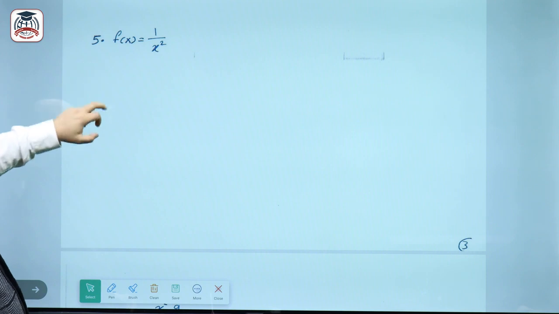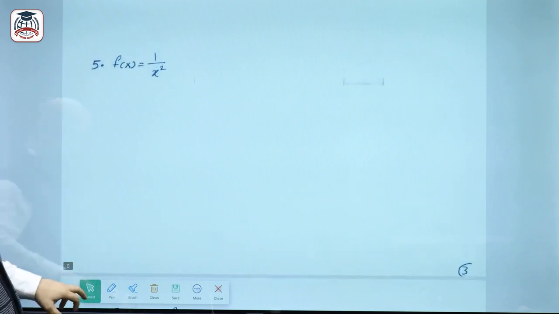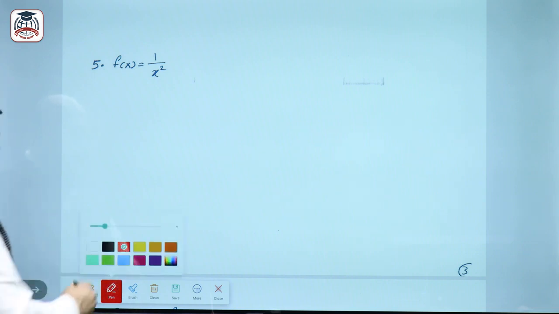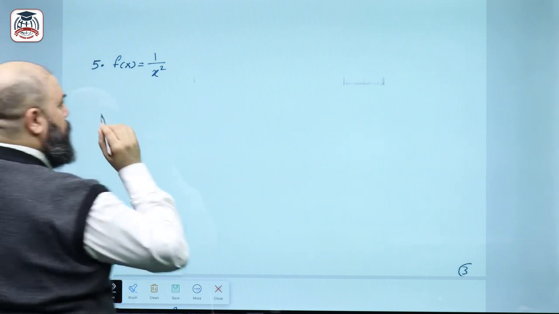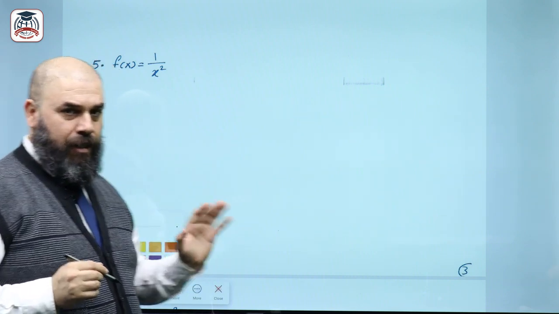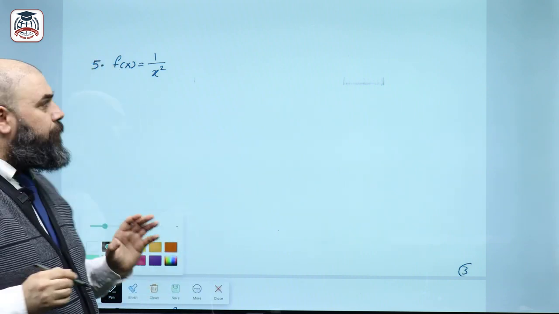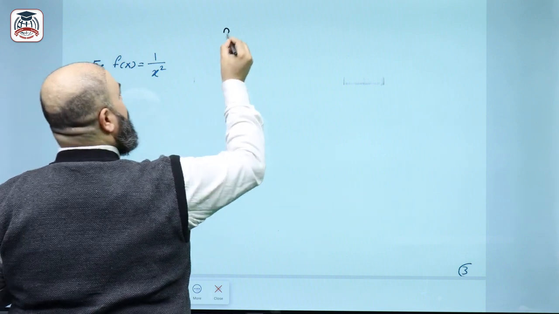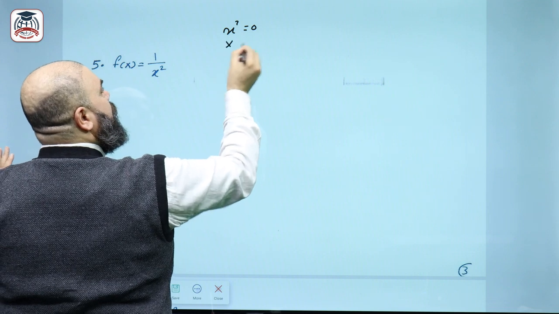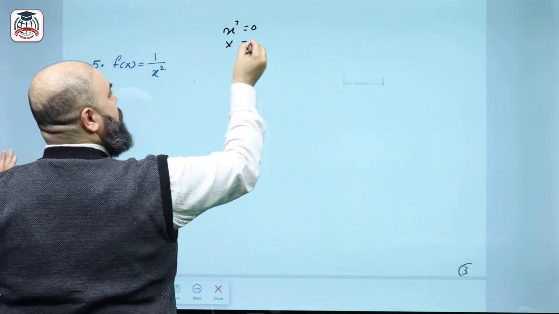We have 1 over x squared. When we start, we must find the domain of this function because it's a fraction. To find the domain of a fraction, let the denominator x squared equal to 0. Any base with a power equal to 0 means the base is 0.